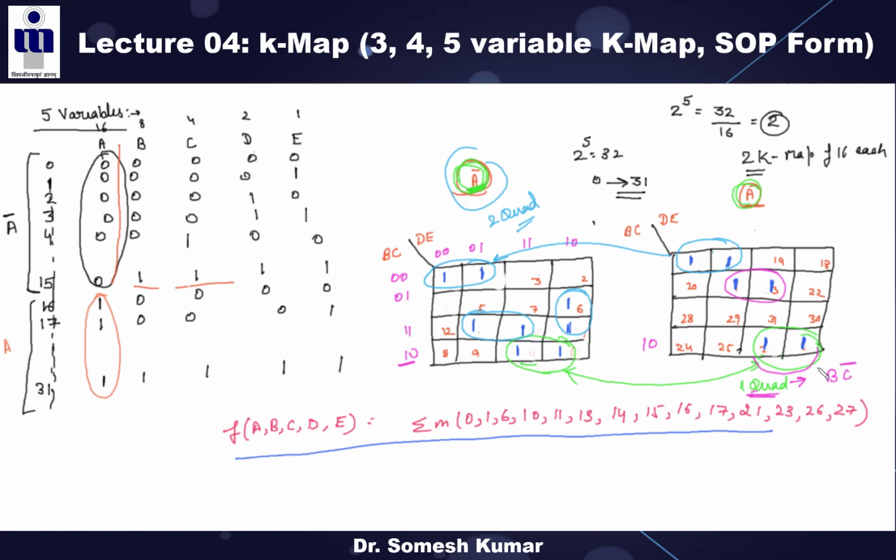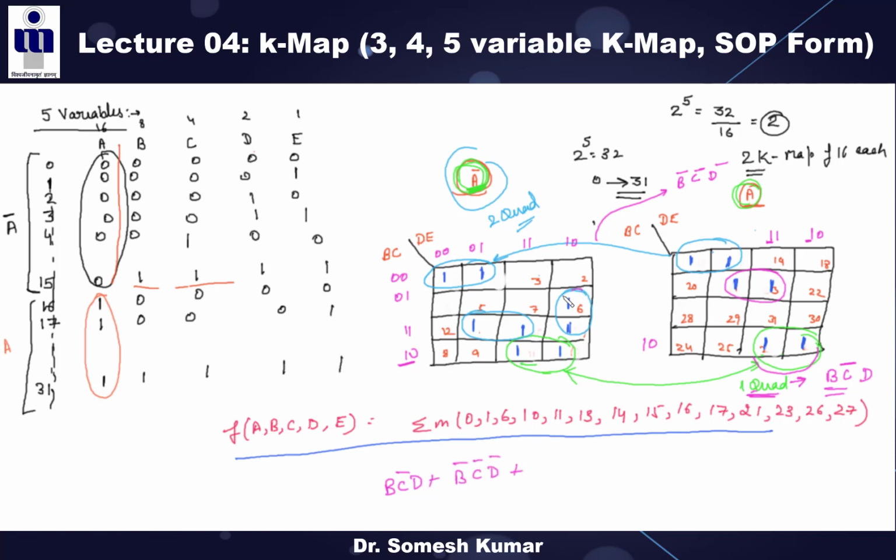And here also there will be a common one. Which one is common? D. Right? This is your first quad answer. What is the second quad answer? B bar, C bar, D bar. Right? Clear? So here the answer is B, C bar, D plus B bar, C bar, D bar.